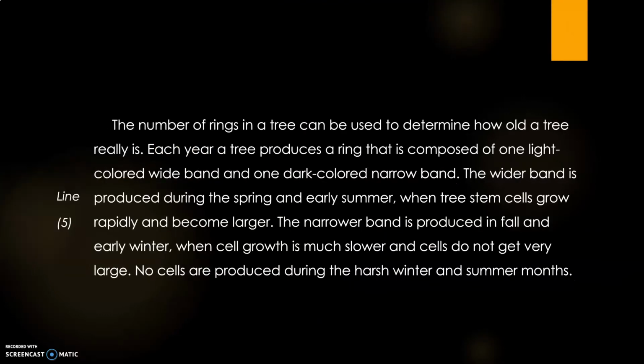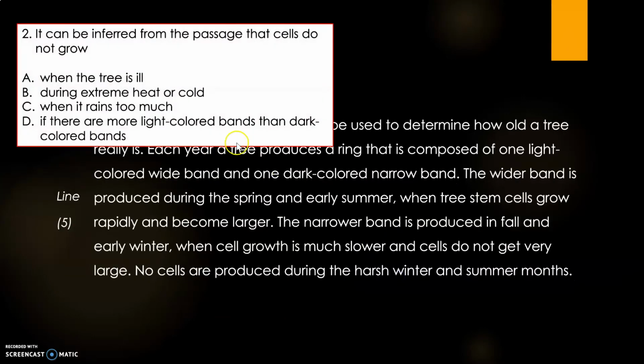The next example. It can be inferred from the passage that cells do not grow. Well, you have to find in the text about cells not growing. You have to scan the text, finding cells, grow, or a synonym of grow like producing or getting bigger or something like that.